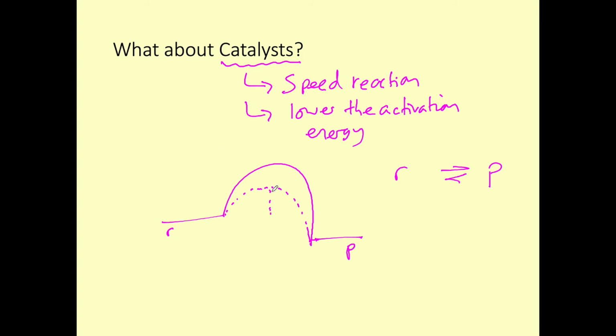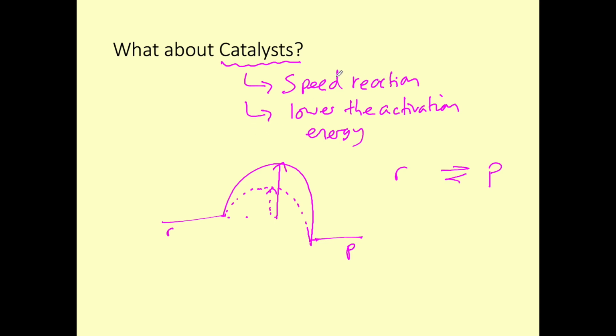So that dotted line is lower than our solid line. Remember, going from our reactant line to the peak of our curve. So if we're going from our reactants to our products, we can see that we've got a lower activation energy this way. But when we look at the backwards reaction, we can see that actually that has also been lowered compared to our solid line.